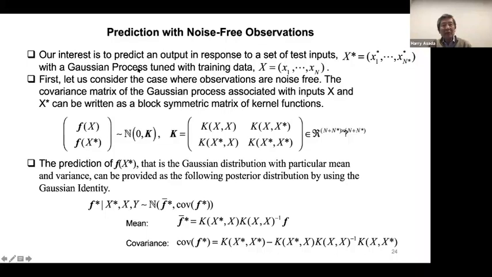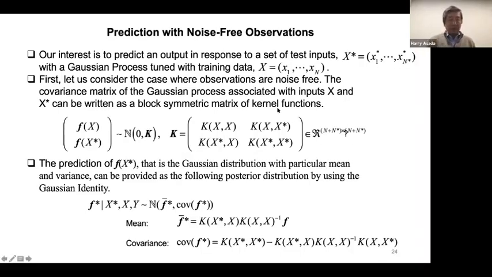So our interest is to predict an output in response to a set of test inputs. This doesn't have to be a single point, it may be multiple points, and we put them into a capital X star, with the Gaussian process tuned to a specific training data, X and Y. First, let us consider the case where observations are noiseless.